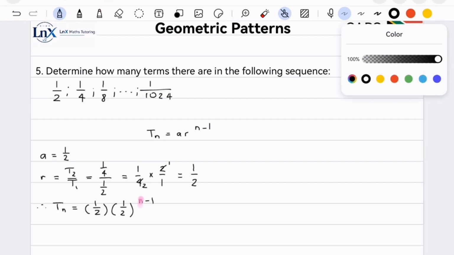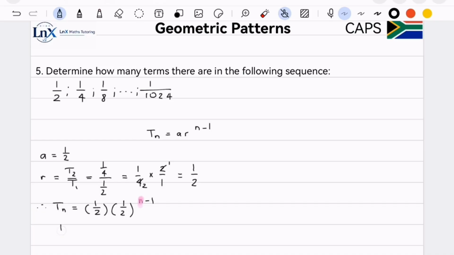So we have 1 over 1024 equals 1 over 2 times 1 over 2 to the power n minus 1. So we proceed with this side.